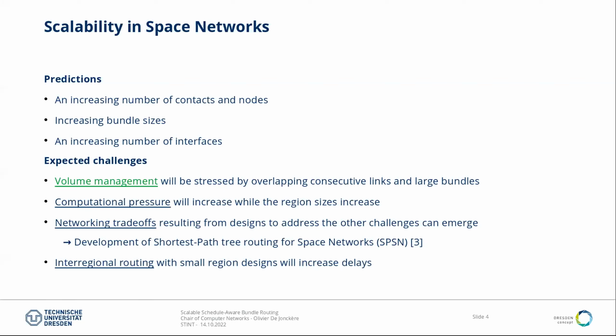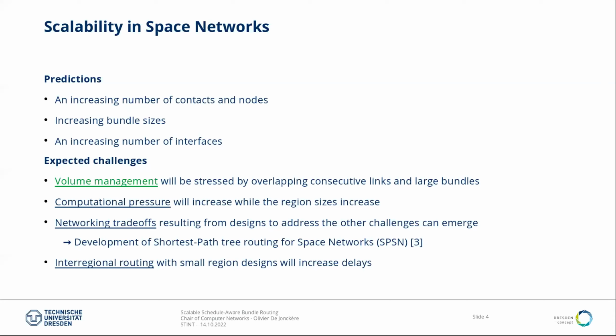The expected challenges are volume management that will be stressed by extreme overlapping of consecutive contacts along the passes, as well as larger bundles. There will also be some computational pressure with scaling region size. We also have to address networking trade-offs, which are already in use today to reduce the computational pressure in CGR.